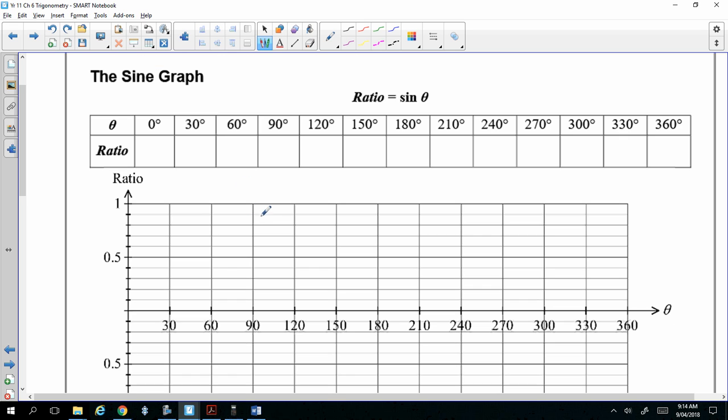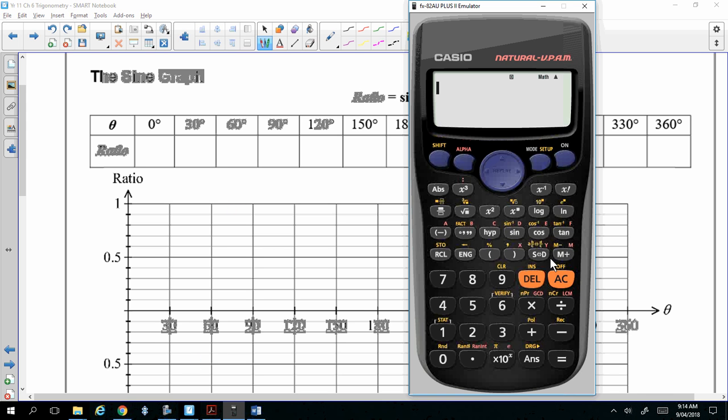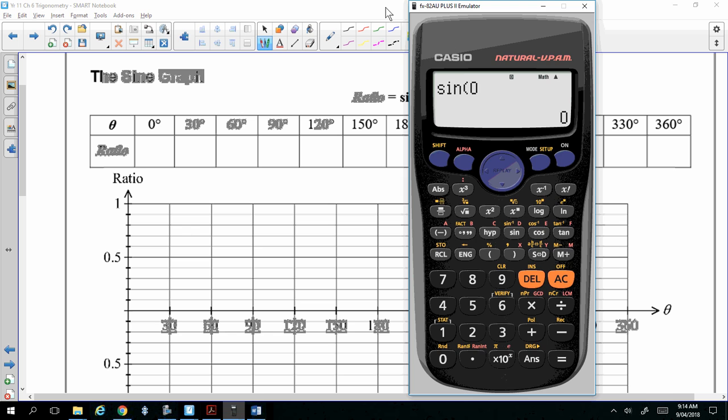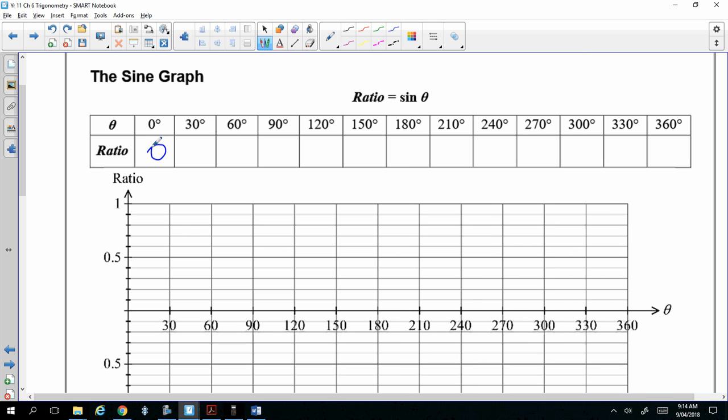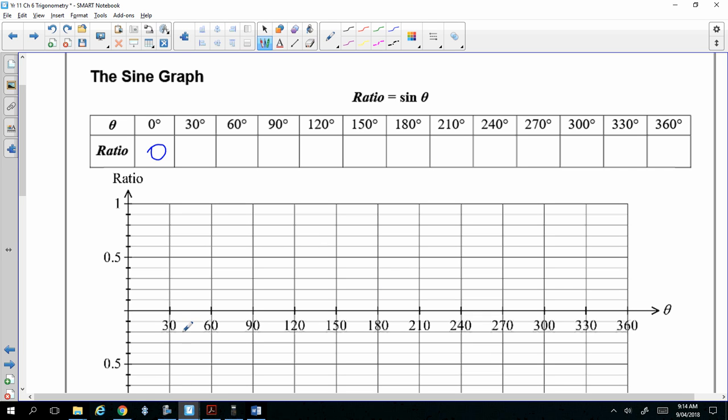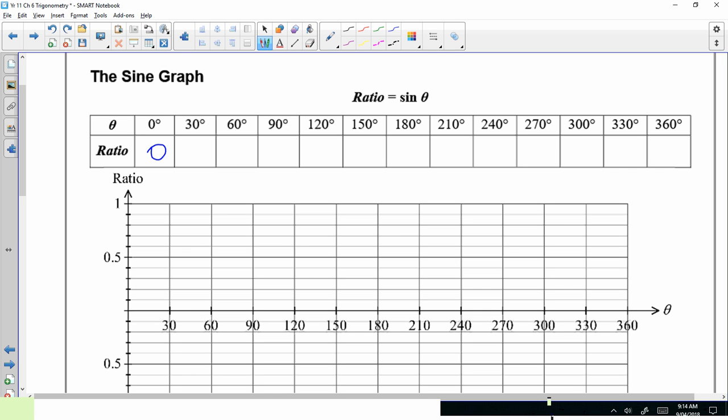So what do I do to the first one? You do sine 0. What we learned from before is that sine 0 is 0, so you write 0. The next one, sine 30, is half, 0.5.